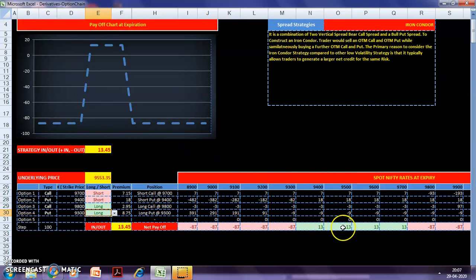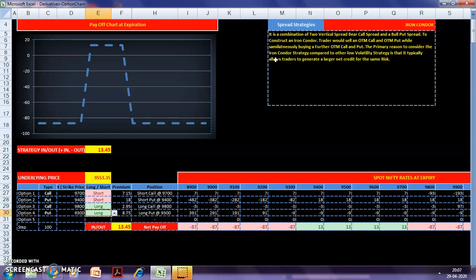Now we get the payoff, and this is again a bet on volatility. You take this strategy when you don't expect the volatility to increase much.